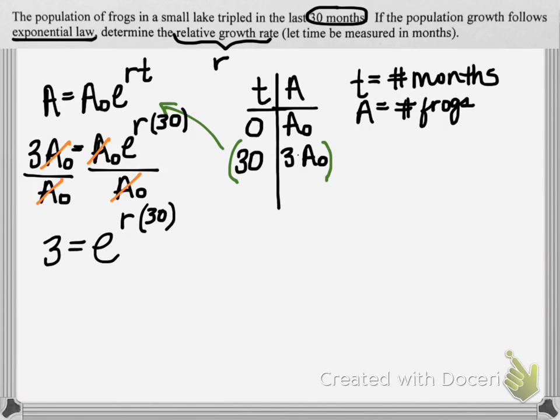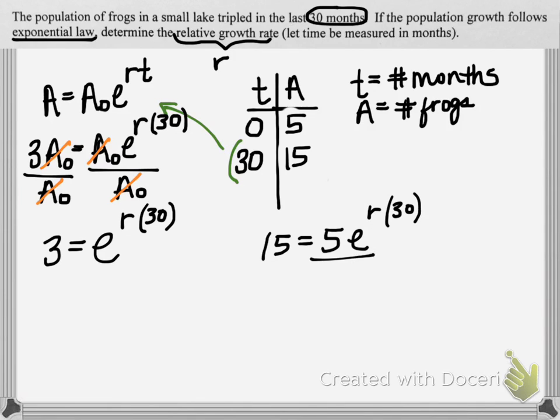So incidentally, if I go back to my table and use one of my fictitious numbers, let's say there were 5 frogs initially, and then the population triples, so you would have had 15. You would have had 15 is equal to my initial amount, 5, times E raised to the R times 30 power.